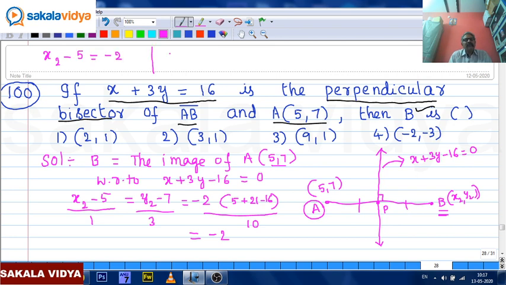The other equation is y2 minus 7 is equal to, just observe carefully, 3 into minus 2, minus 6. Solving these two equations, x2 equals 3, y2 equals 1, that means 3 comma 1. So these coordinates are 3 comma 1, that means the second option is the right option.